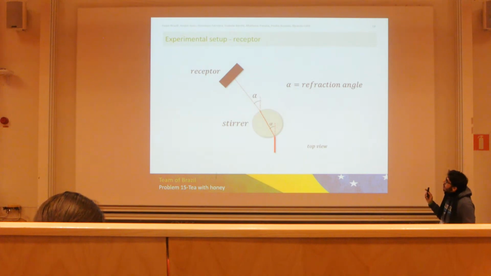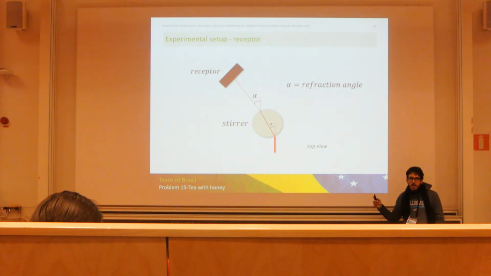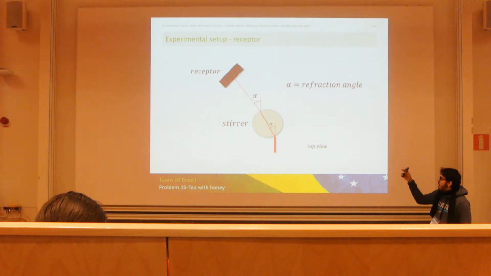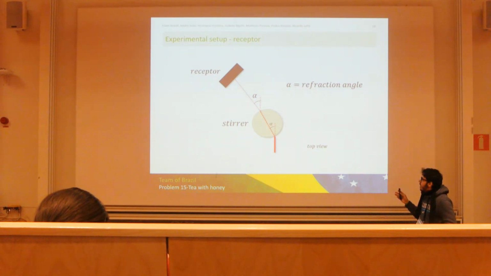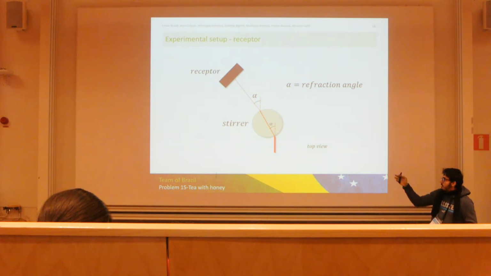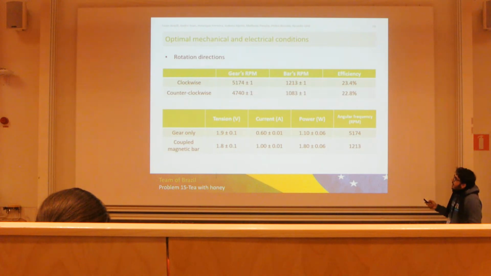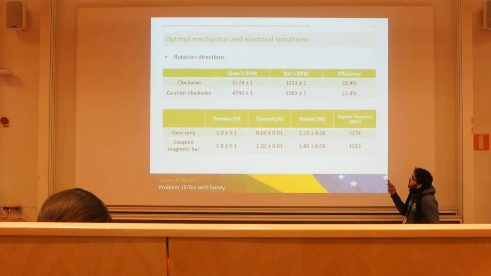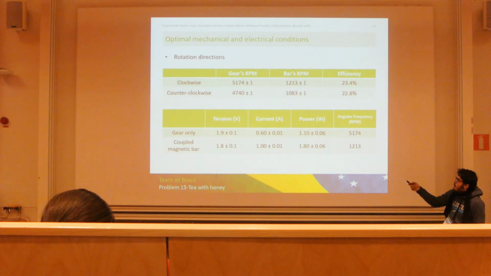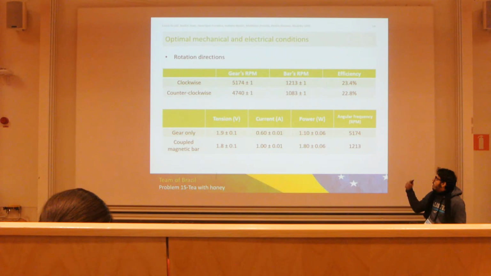And also, we consider experimentally this refraction angle here, because whenever we have a change in the medium, we consider the refraction angle of the light of the laser beam also. And this was determined experimentally. About some optical and mechanical conditions of our magnetic stirrer, we considered, for example, using the motor clockwise or counterclockwise.